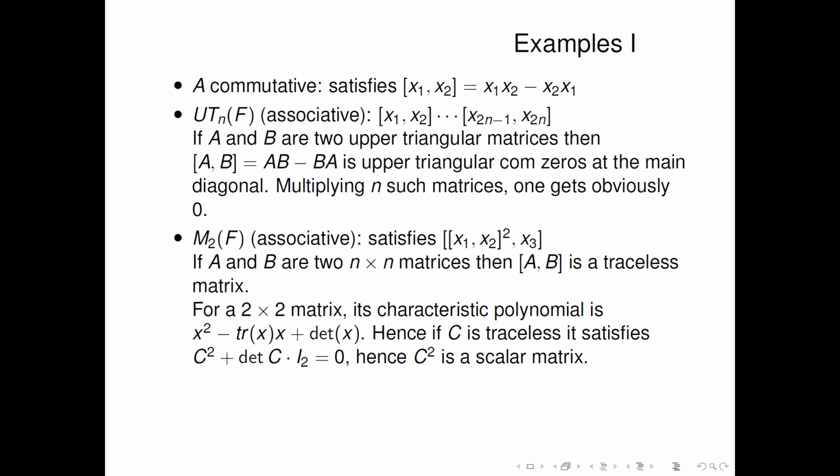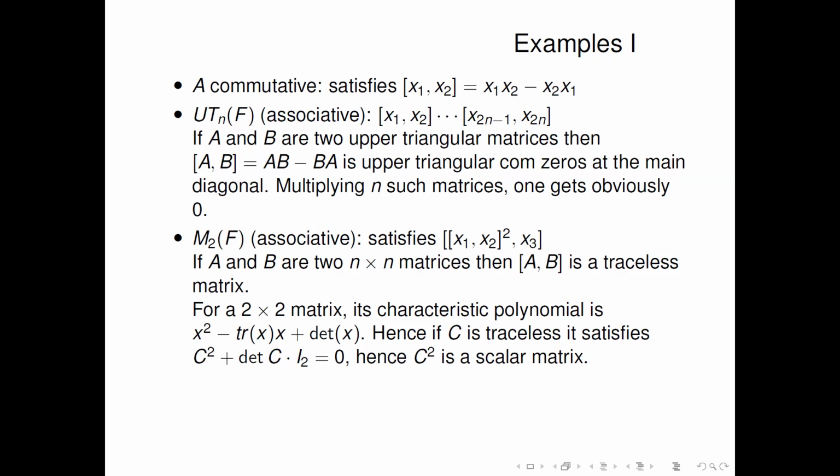This is easy to see since if you take A and B upper triangular matrices, then their commutator is an upper triangular matrix but with zeros on the diagonal. But if you multiply n such matrices, you get zero, since they are strictly upper triangular. So it is immediate that this gives you zero.